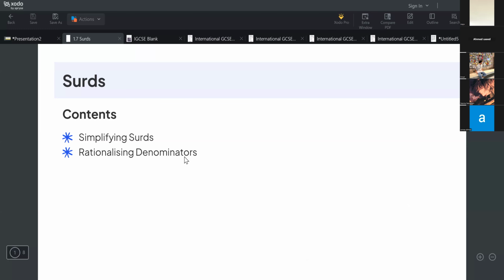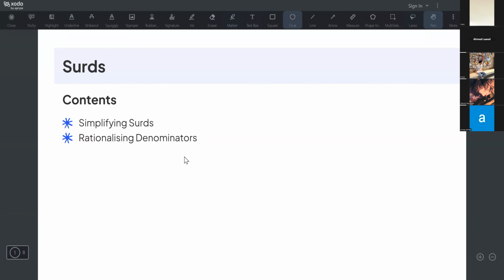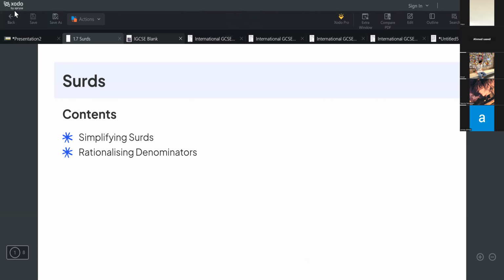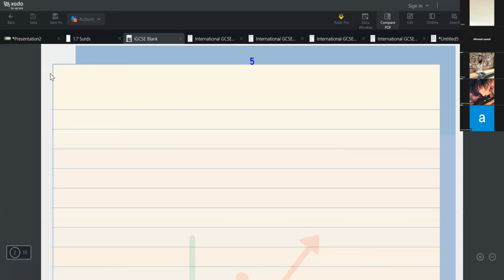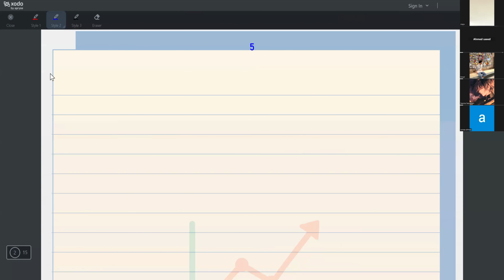Excellent answer. We can explain it here: a surd is the square root of a non-square number.